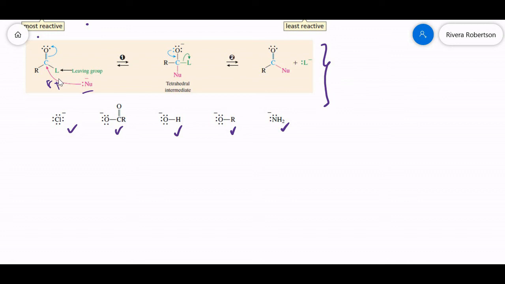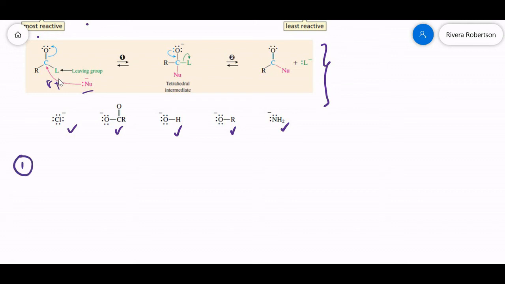So, anything that can increase the partial positive charge in the carbonyl carbon also increases the reaction rate. And at the same time, as long as you can expose the carbonyl carbon to the nucleophile, the reaction is faster. So, what are those?